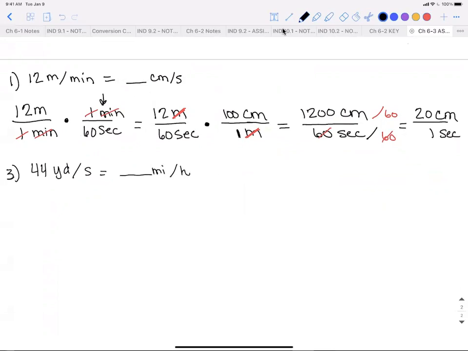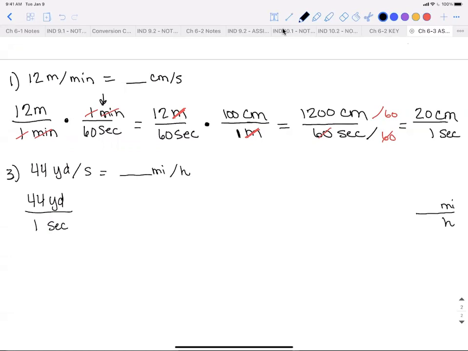So we take the first ratio and we're going to set it up as a fraction: 44 yards over 1 second. And then way to the other side, we're going to take what we eventually want to get to, which is miles over hours.